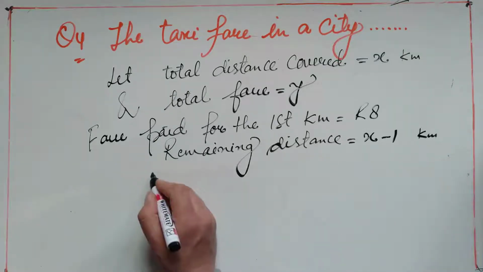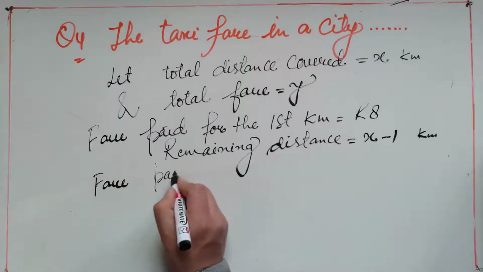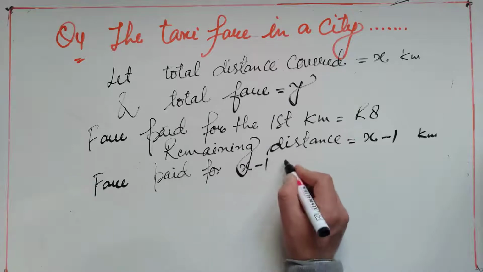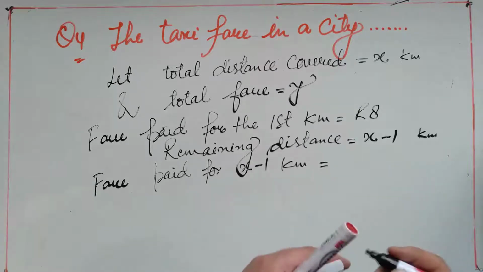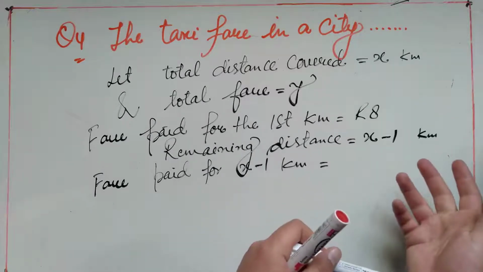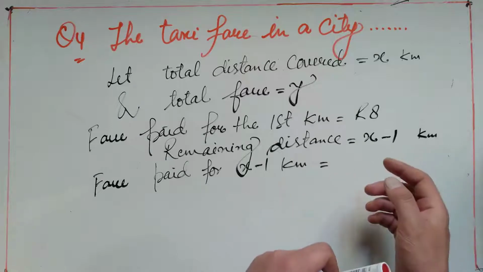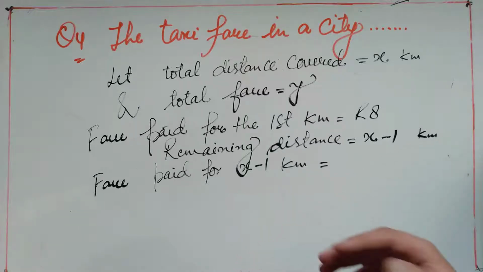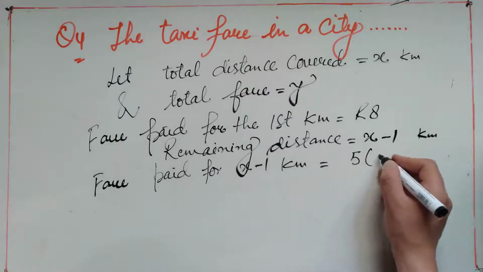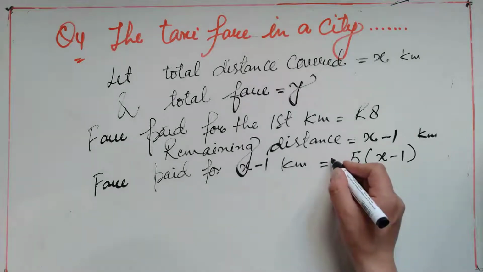So the fare paid for x minus 1 kilometers equals, for 1 kilometer you pay 5, for 2 kilometers you will pay 2 into 5, for 3 kilometers you will pay 3 into 5, for x minus 1 kilometers you will pay 5 into x minus 1 rupees.